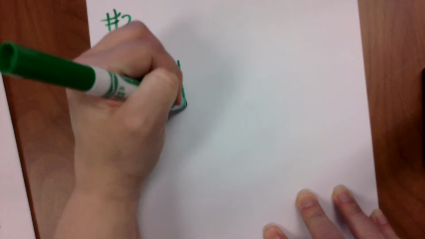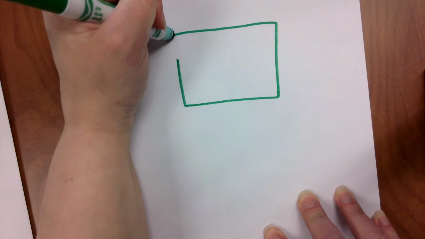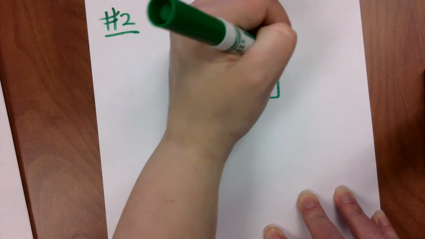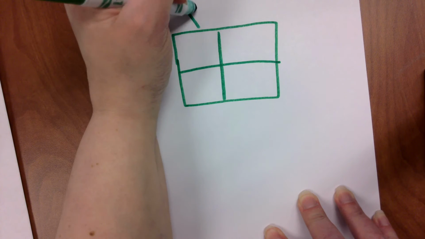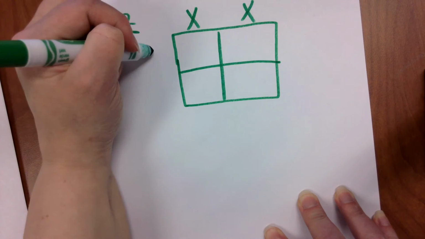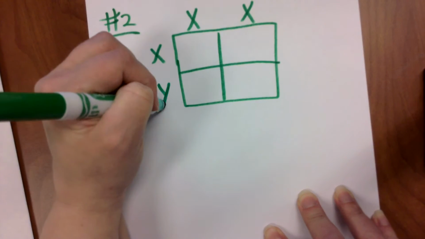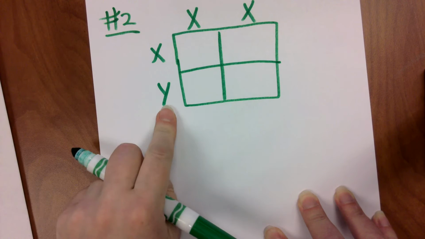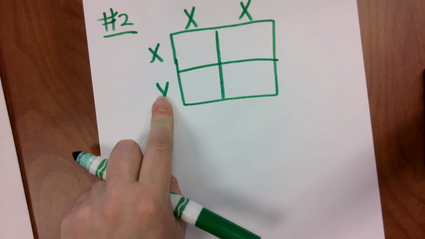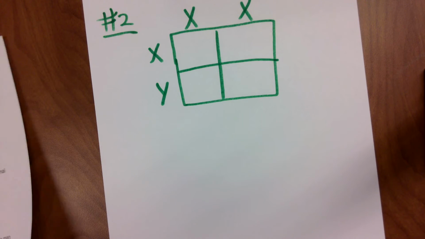So I'm going to draw my Punnett square, and I'm going to fill it out with mom up here and dad over here. Notice I put Y second. Y is recessive to X, so that's why it goes second.